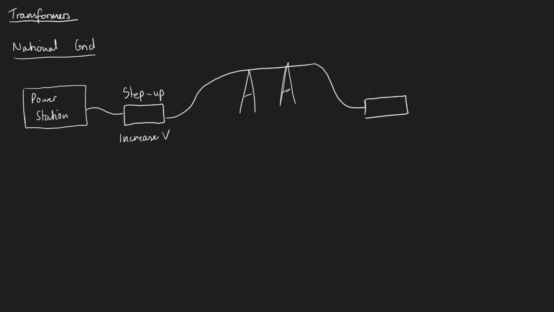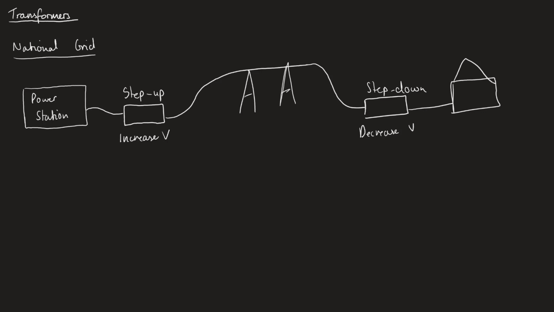And then you have a step-down transformer, which has the purpose of decreasing the voltage. And as soon as you've decreased the voltage, then it will go into people's houses and household appliances and such.